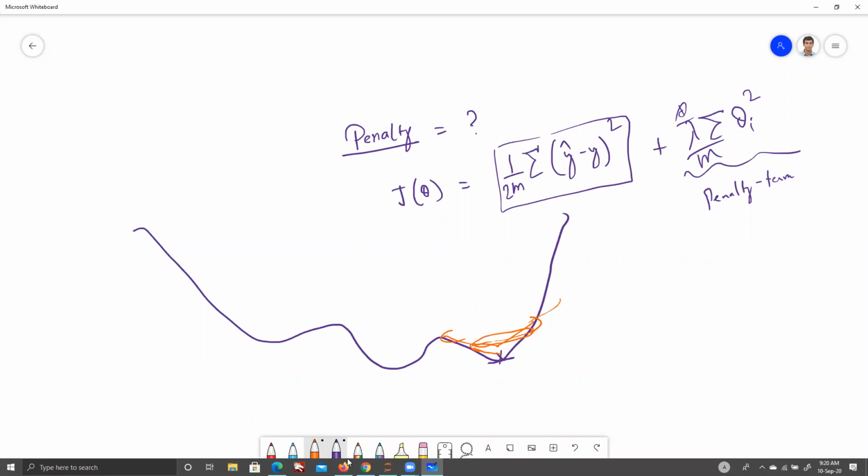So think about it. If you were really here, and if I were to add or subtract some extra term, what will really happen? If I were to add some penalty term, add or subtract, doesn't matter, what will really happen? We will move forward or backward. Yeah, either you will be here or you will be here.